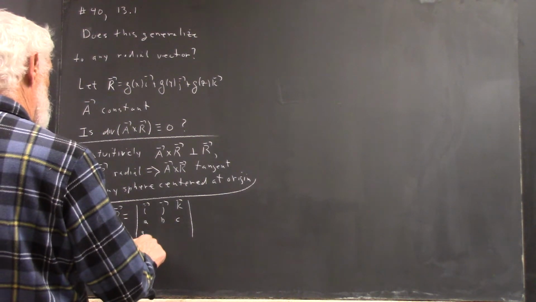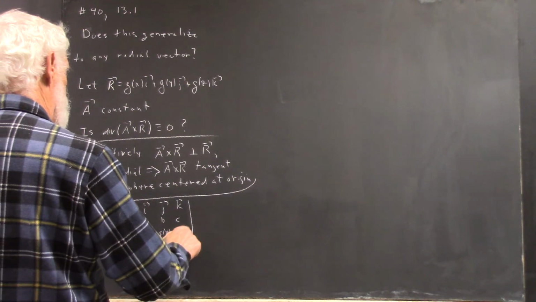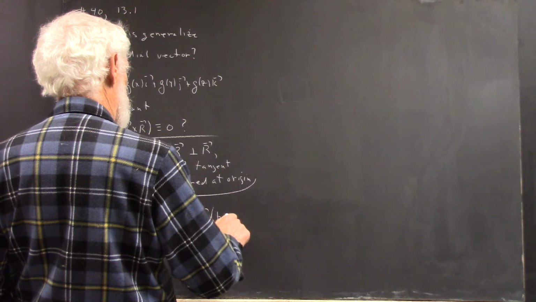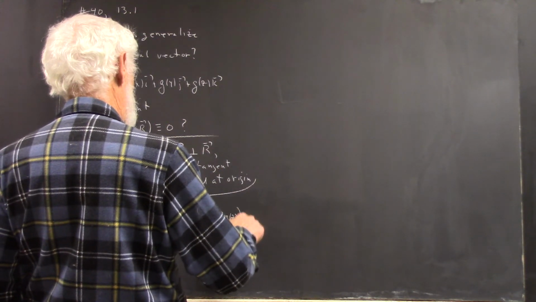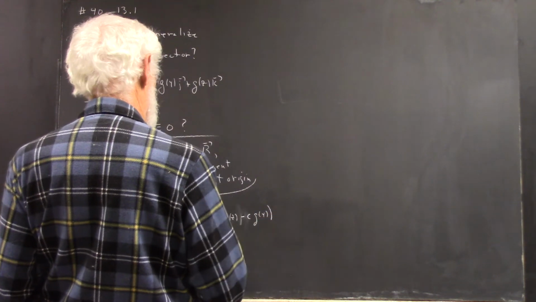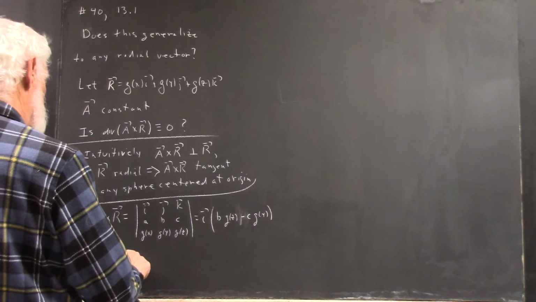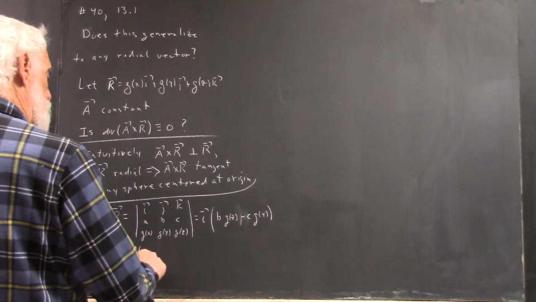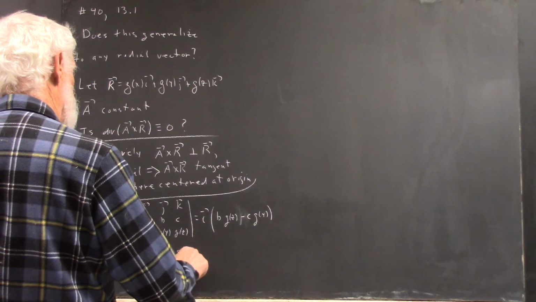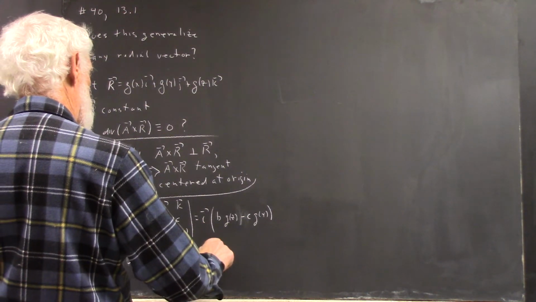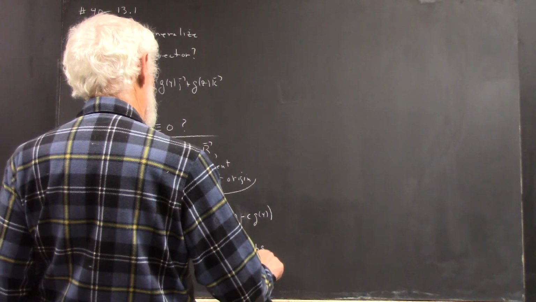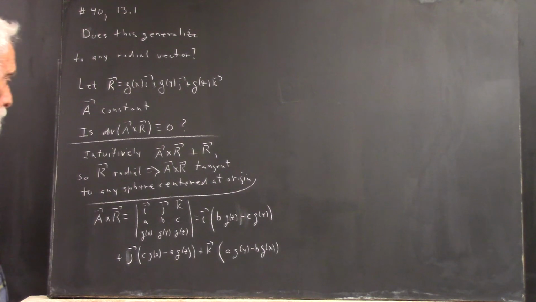So we have this, which is i times b g of z minus c g of y, plus j times c g of x minus a g of z, plus k times a g of y minus b g of x. Okay, so there's our cross product.